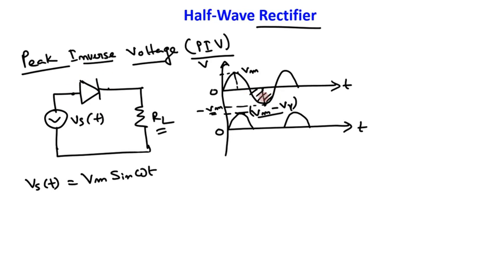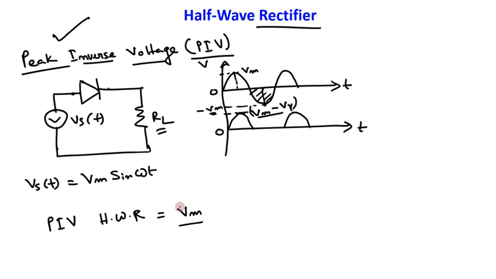The maximum voltage drop across a diode in a rectifier when it is not conducting is called its peak inverse voltage or PIV. So PIV for a half wave rectifier is nothing but Vm, right?